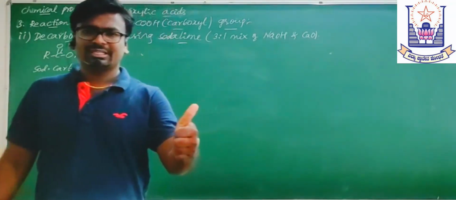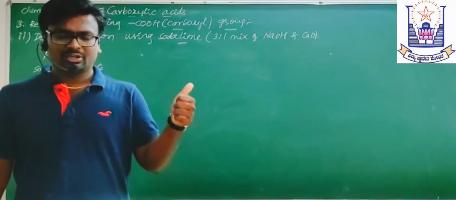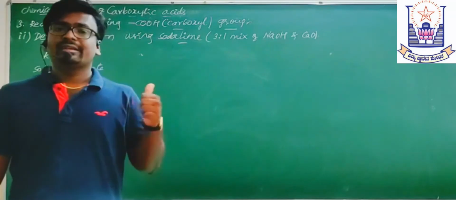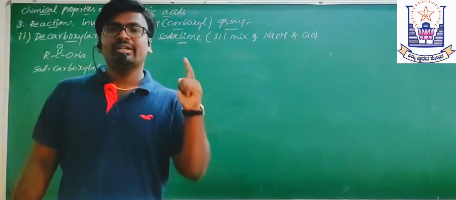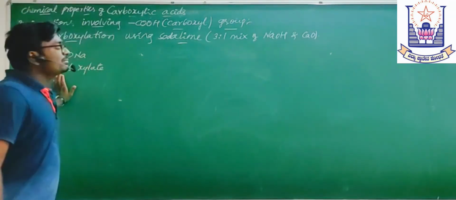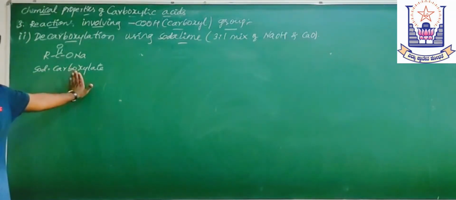Treat the carboxylic acid with sodium metal, or treat the carboxylic acid with sodium hydroxide, or treat the carboxylic acid with a weak base like sodium bicarbonate or sodium carbonate, which will give you the sodium salt of carboxylic acid. It is also called as sodium carboxylate.